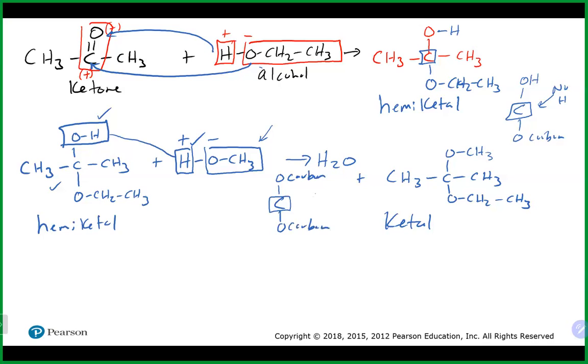And once again, no hydrogen. Again, some books will still call that an acetal as well, but a lot of books will call it a ketal as well. So if you take a ketone, add one alcohol to it, you make a hemiketal, which has that OH group and the oxygen carbon. If you add two alcohols, it takes it all the way to the ketal group there. Any questions on that there?